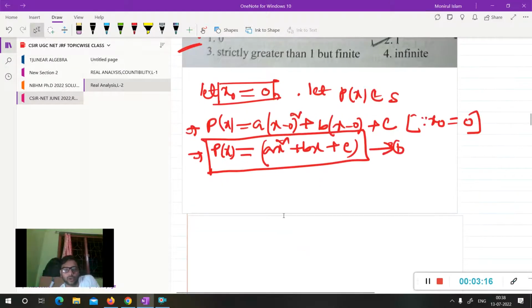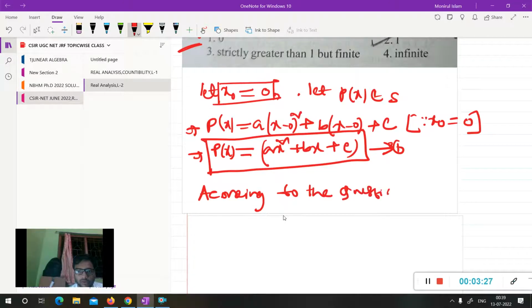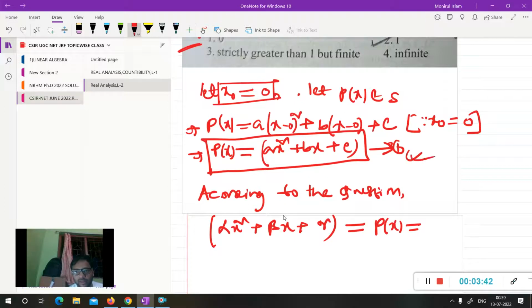So according to the question, alpha x square plus beta x plus gamma should be equal to a x square plus b x plus c.